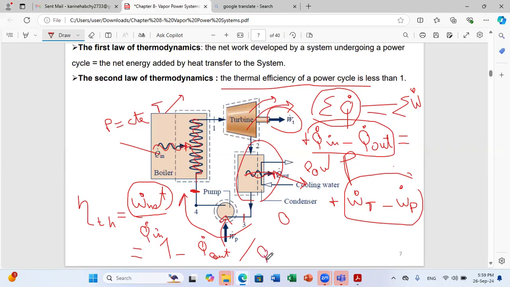Now, from this analysis, we can start to think about several strategies to enhance the thermal efficiency. One of the simplest strategies is to make useful a part of Q dot out. Instead of losing Q dot out completely, if we can restore a part of it, this will increase the thermal efficiency.